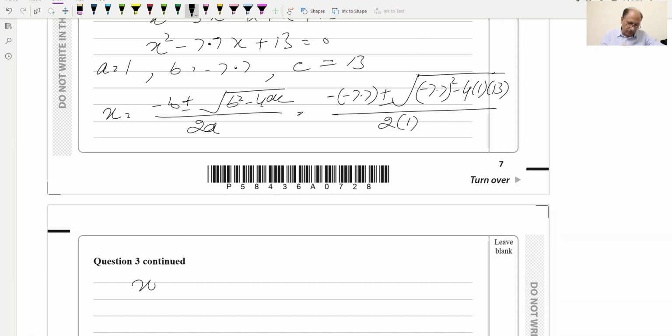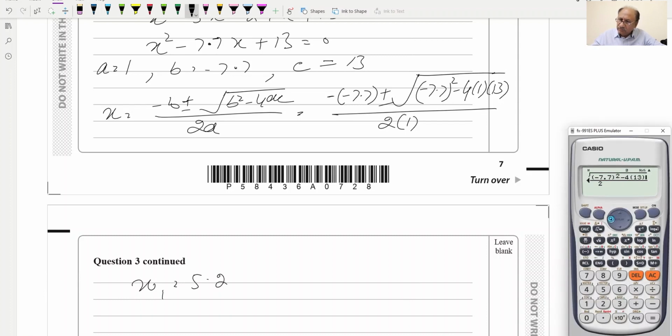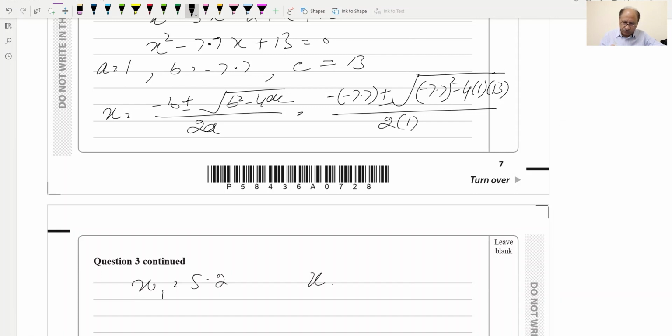So the x1 value is equal to 5.2, and for the second value we just change this plus to minus, and we get 2.5. So x2 is equal to 2.5.